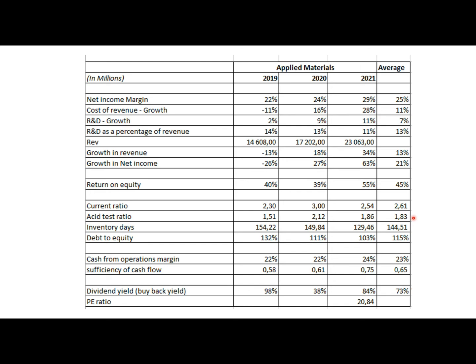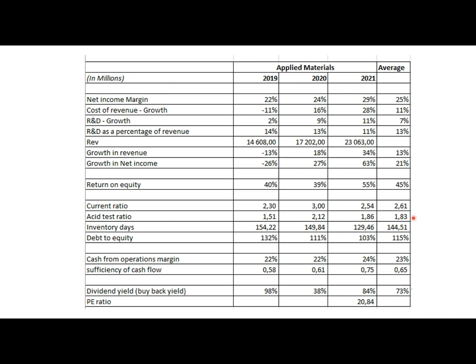Now the decline in the current ratio from 2020 to 2021 is mainly due to the decline in cash. Cash went from $5.3 billion to $4.9 billion in 2021. But again, nothing really to throw a hissy fit about. Still a liquid balance sheet.